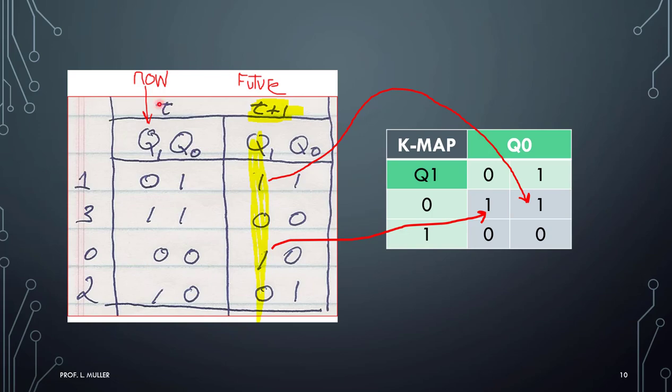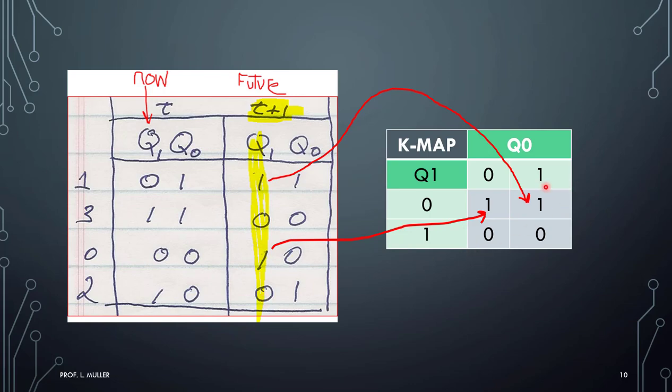So here I have the now of Q1, and I see Q1 is a 0, and I want it to become a 1. At what combination? At the combination 0, 1. So at combination 0, 1, I get a 1. Then I look at combination 0, 0, and I see it has to be a 1, and the other 2 are zeros.